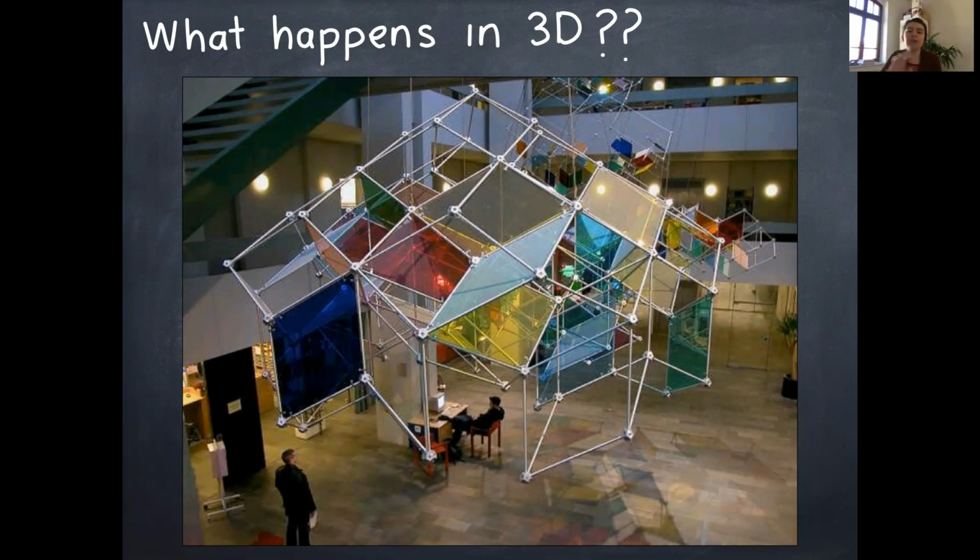So the short answer is there are some results that deal with special cases, but to my knowledge, for the general case, a cubical framework in space, I don't know. I don't think so.